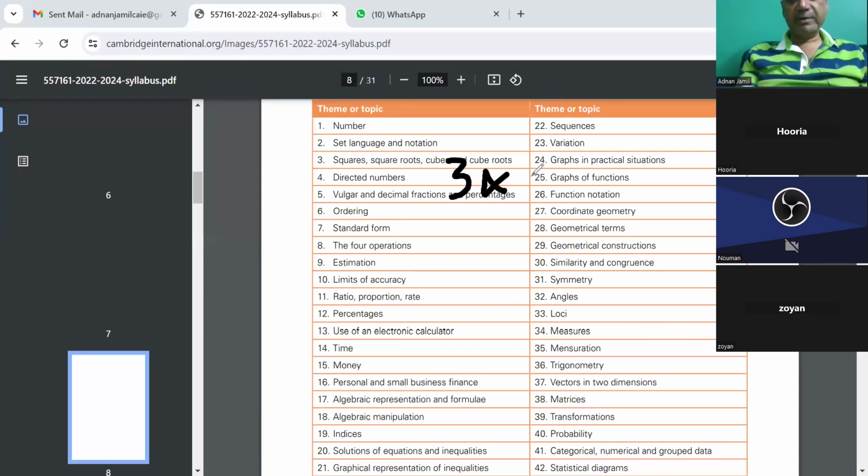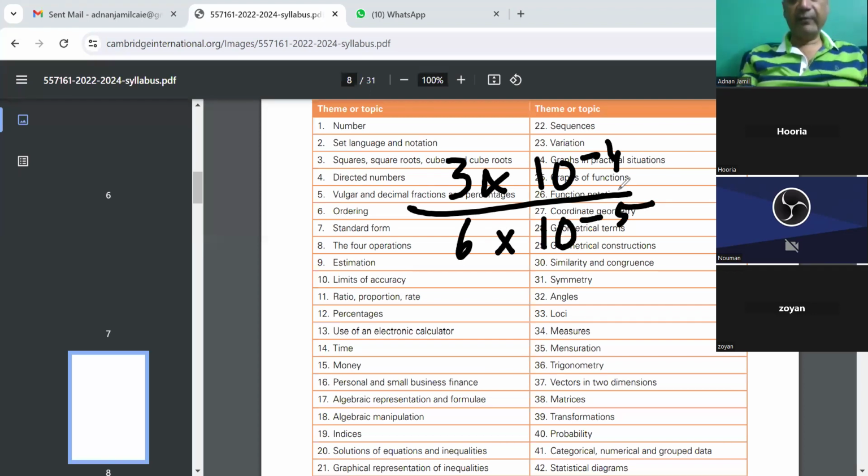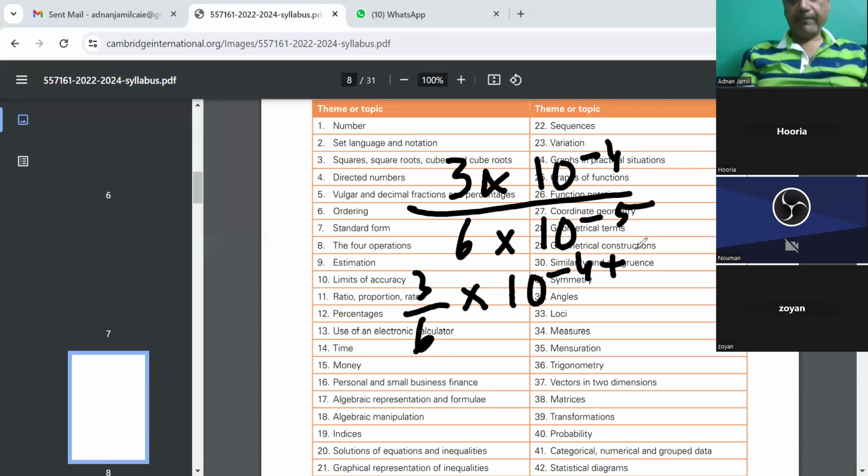Very simple. Let's take an easy example. If it is given 3 into 10 raised to the power minus 4 divided by, let's say, 6 into 10 to the power minus 5, then the number is written like this: 10 to the power minus 4 plus 5. We apply the rules of indices. So we get 0.5 into 10 raised to the power 1.